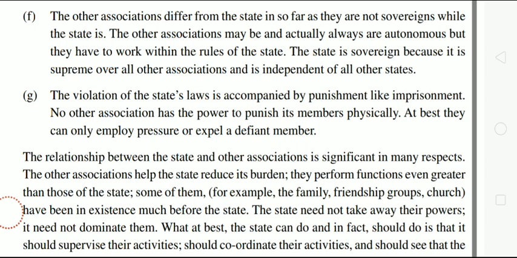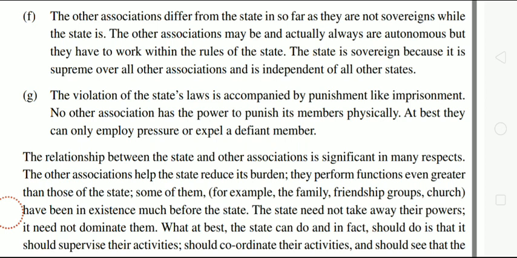The state is sovereign because it is supreme over all other associations and is independent of all other states. G. The violation of the state's law is accompanied by punishment like imprisonment. No other association has the power to punish its member physically. At best, they can only employ pressure or expel a defiant member.